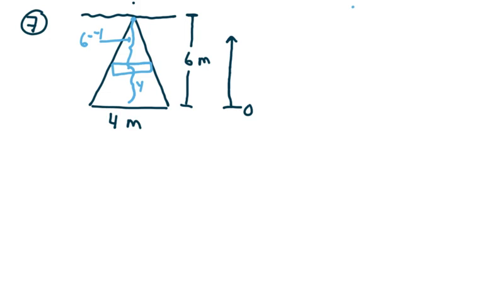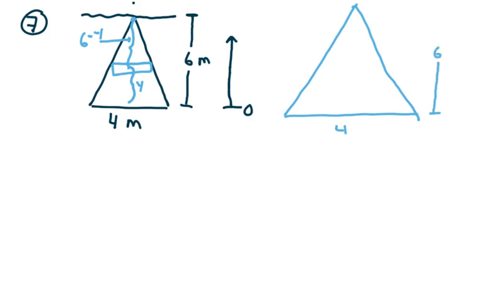Here, let's see if we can make room over here. So I have a triangle. So here's 4. That's the base. The height is 6. Now, I'm going to draw a line here, okay? Now, the distance from that line to the base is y.